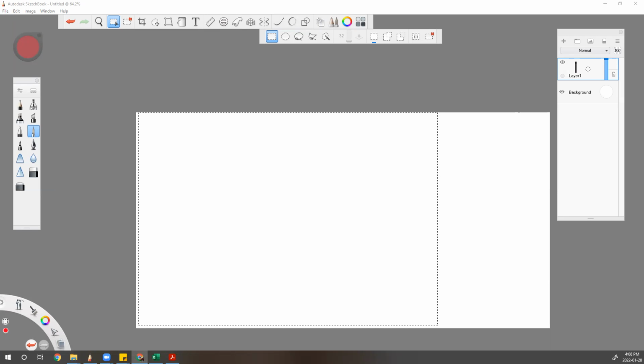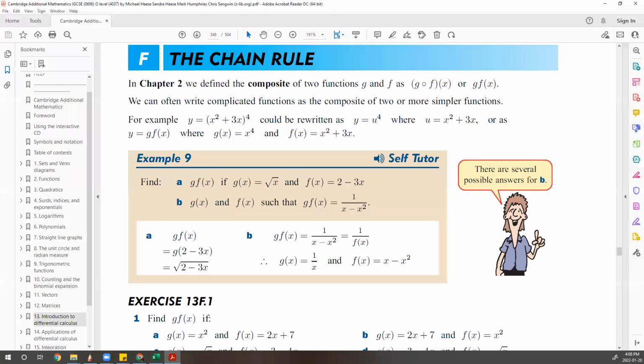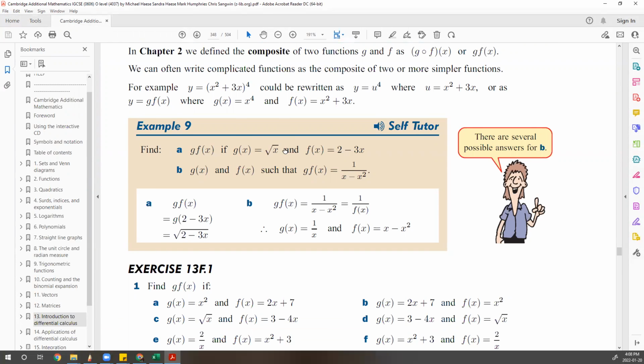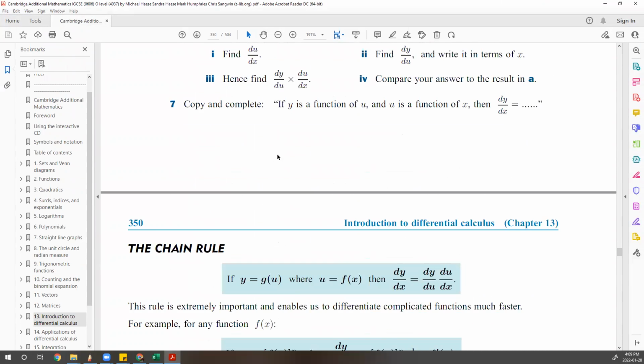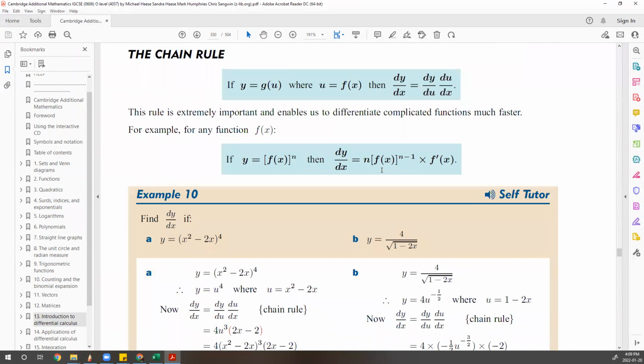I opened so many tabs on my computer. Wait, I need to. There you go.